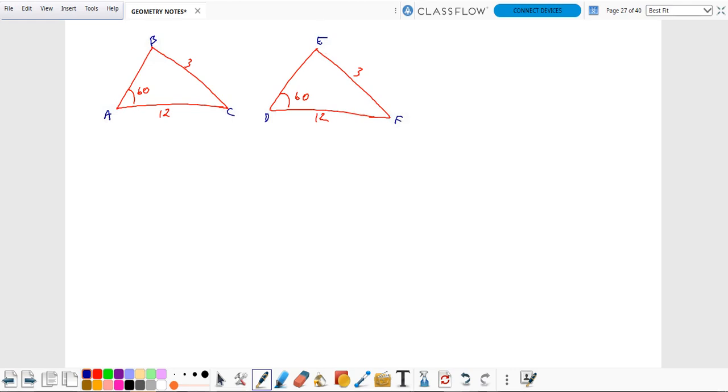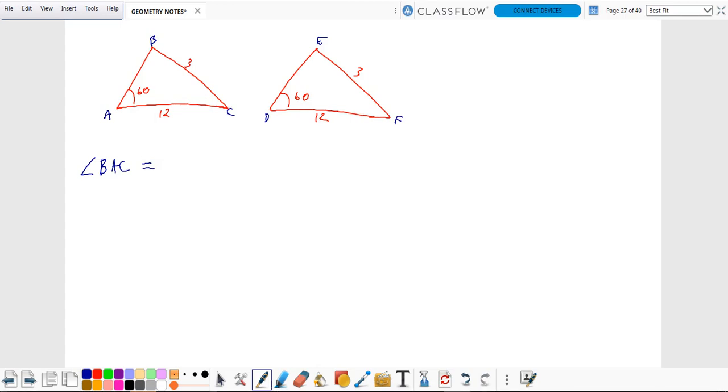Can anyone tell me one thing we can point out that's the same in these 2 triangles? The angle. Okay, so let's start with the angle. In terms of writing the angle, I would write it like this. Let's start with this triangle: angle BAC. Notice how the angle I'm focusing on is the one in the middle, BAC. When you're referring to an angle, angle BAC is the same as, what would this angle be?